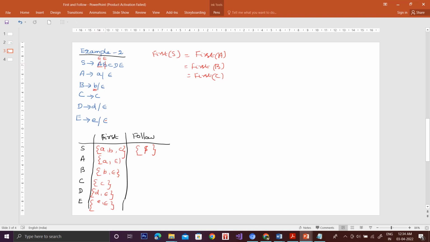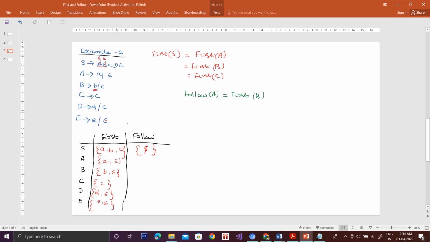What is follow of A? Follow of A is first of B. Now we have to find out follow of A, and what comes after A is a non-terminal, that is B. So in that case you have to find first of B. What is first of B?